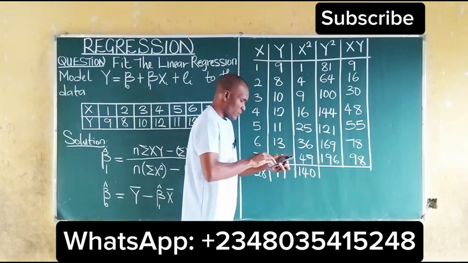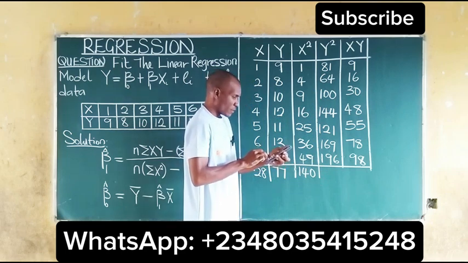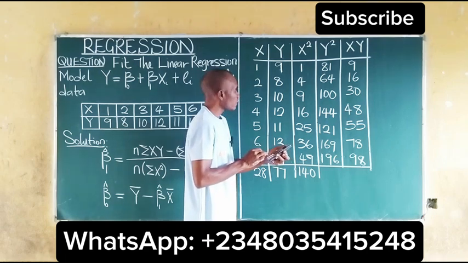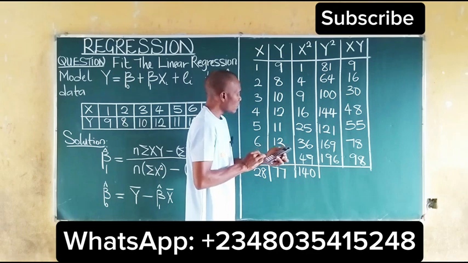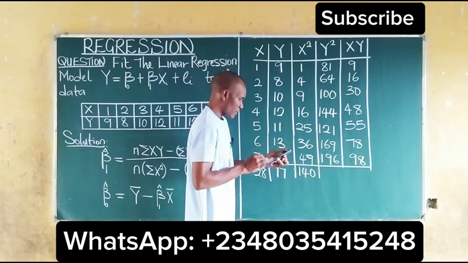The next one is this. We have 81 plus 64 plus 100 plus 144 plus 121 plus 169 plus 196.